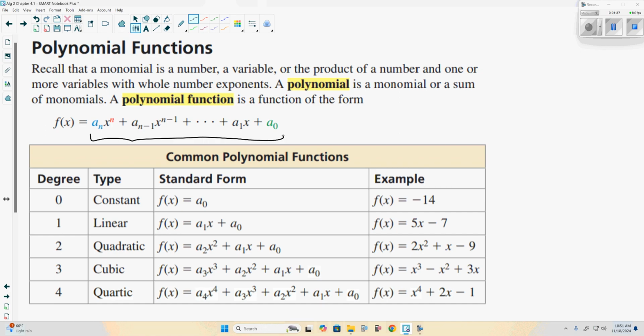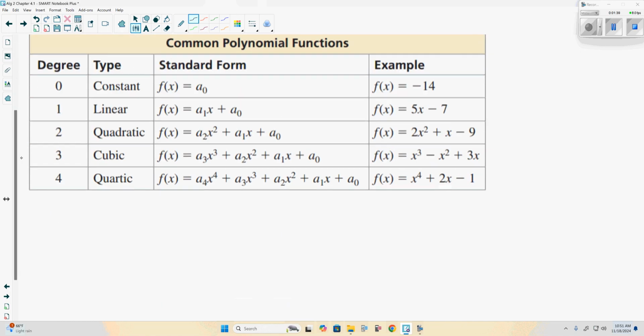Now, here are 4 types, or really 5 types of polynomial functions. If the degree is 0, we just have a number, so f of x equals negative 14. Linear, equation of a line, 5x minus 7, because the biggest exponent attached to a variable is 1. Quadratics, which we covered in the last 2 chapters.